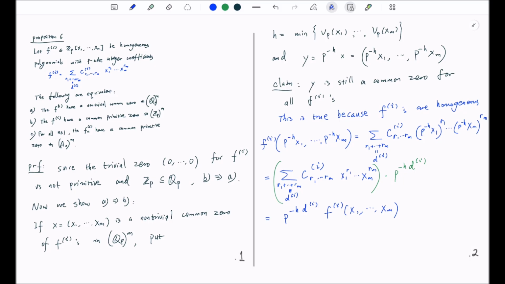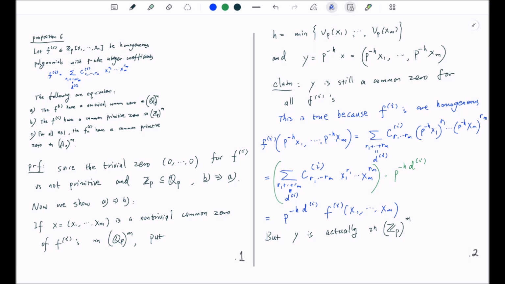But by our choice of h, this y is not just in Q_p^m, it is actually in Z_p^m. Why is y in Z_p^m? For this, we need to look at this definition more carefully. This is because h is the minimum of those valuations of x_1 through x_m.